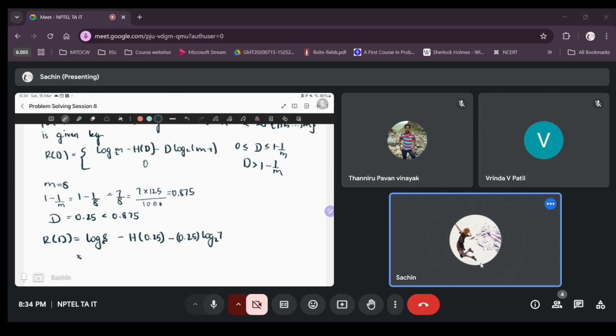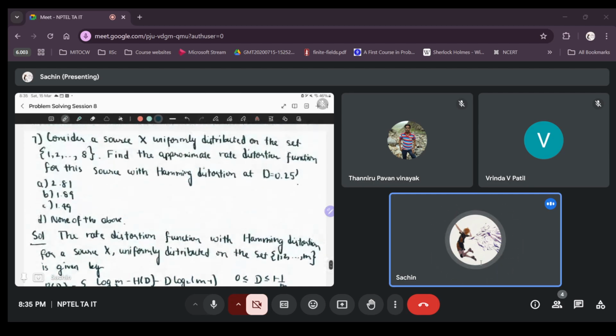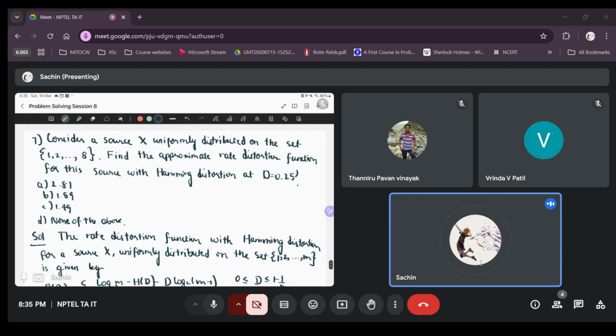H of P is nothing but minus P log P minus 1 minus P log 1 minus P. So if it's in an exam, you have to plug in the value of P in that function. And this will turn out to be 1.487. It's close to 1.49. Say 1.49.